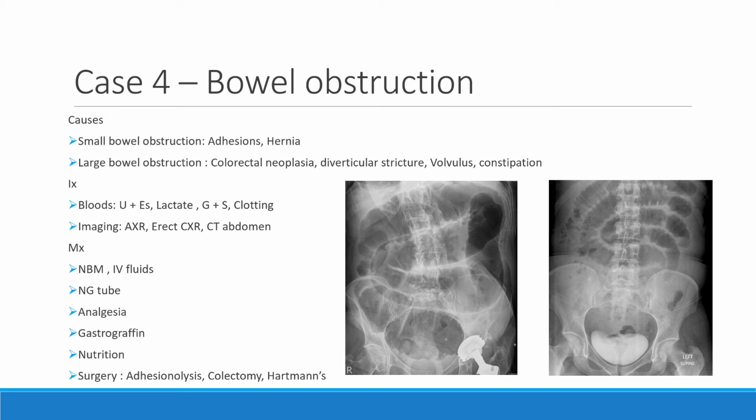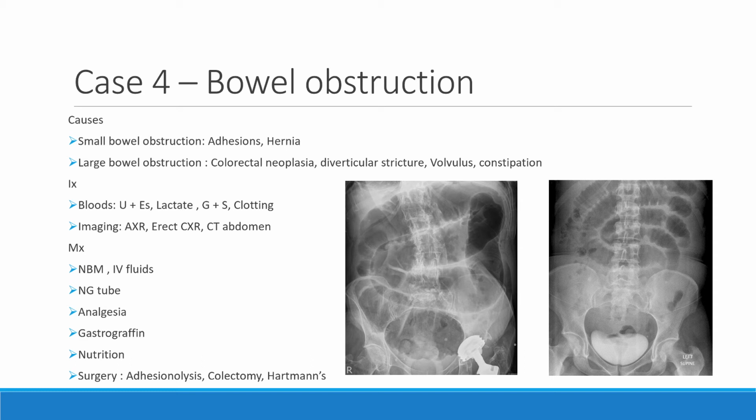It's just to see the flow of gastrografin through the lower GI tract and to identify where the transition point is in terms of the obstruction, or if there's a stricture present, you can identify that location.